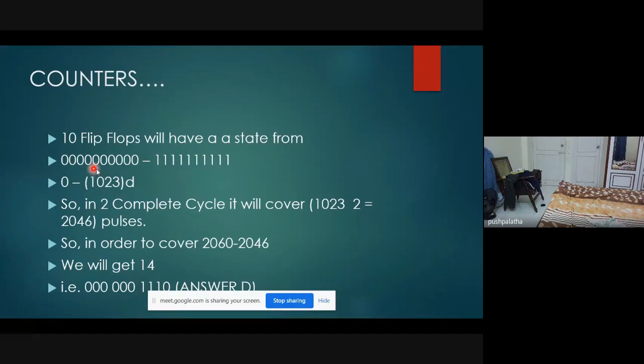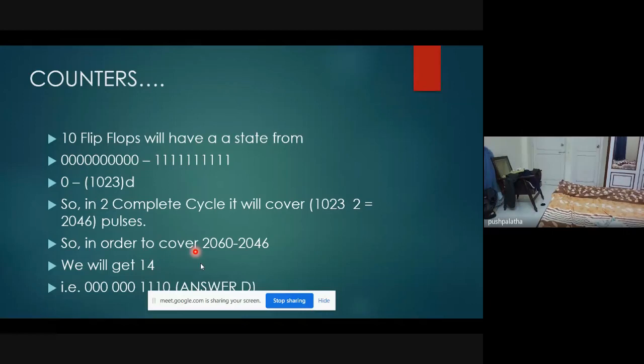Actually it is 2 power 10, so 0 to 1023. Similarly, all ones is also 1023. So totally it is 2046. For 0, it is 1023. For 1, it is 1023. So totally it is 2046. But you require 2060.